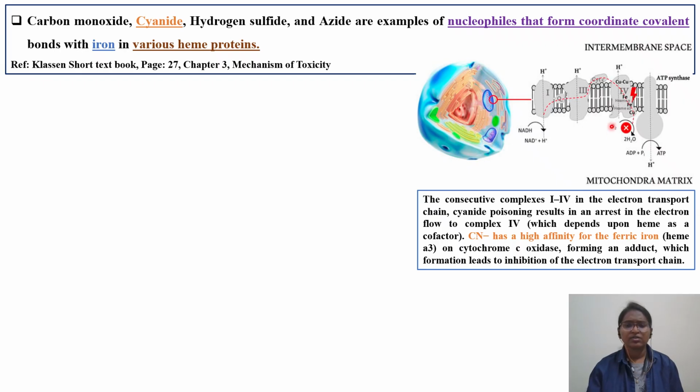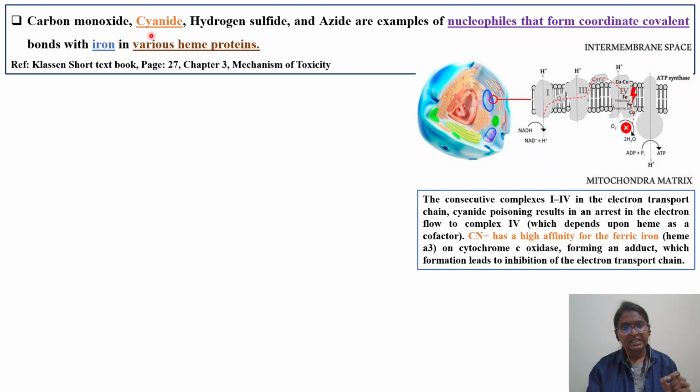Okay, in addition to that, I have come across some important pages in the lesson where cyanide or hydrogen cyanide is mentioned. So we will try to integrate all those pages and read. So please read chapter 3, that is mechanism of toxicity, in which cyanide is mentioned. Okay, page number 27.